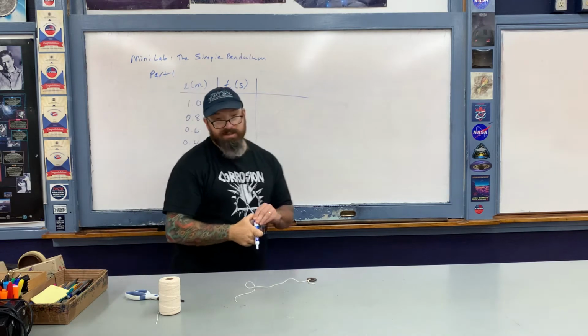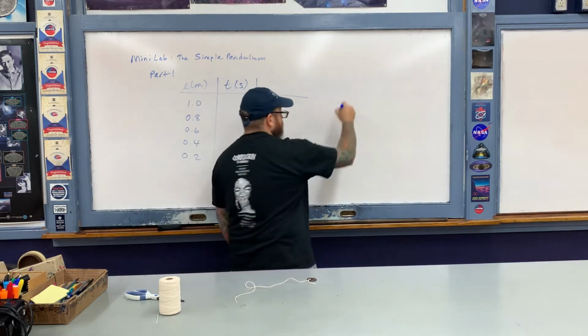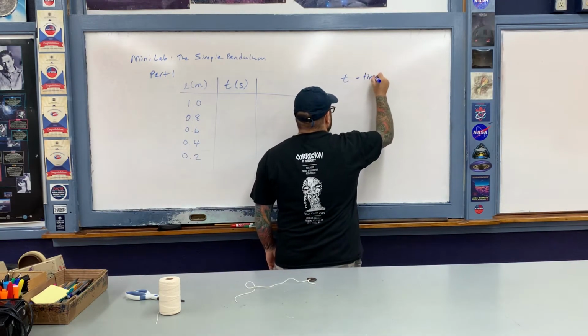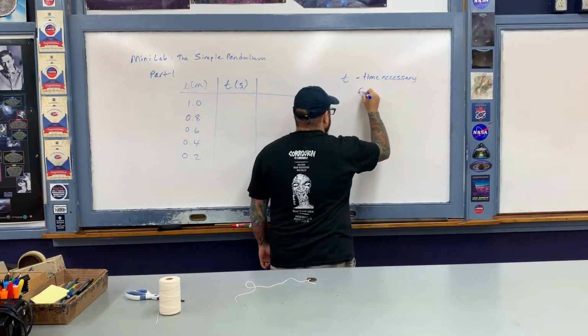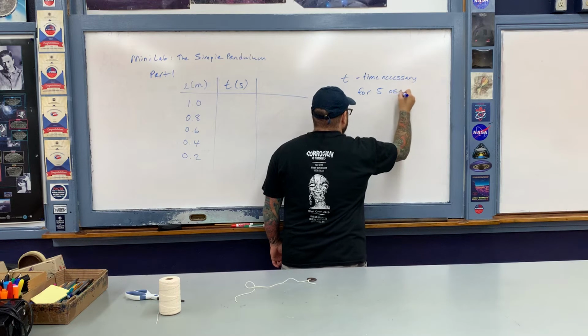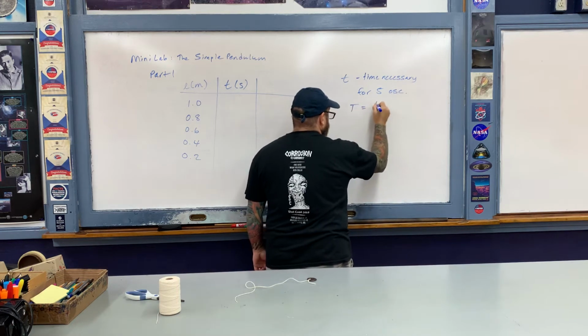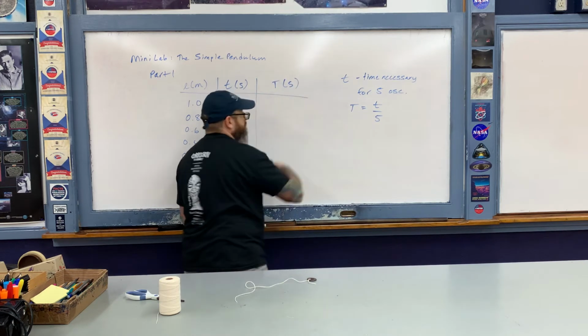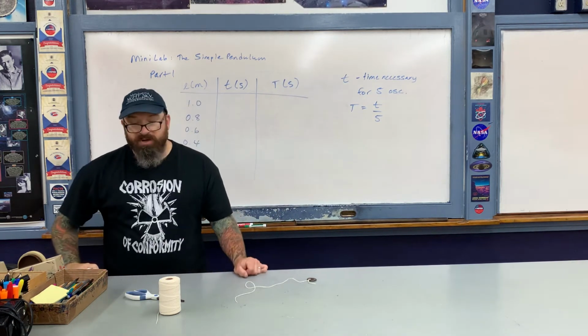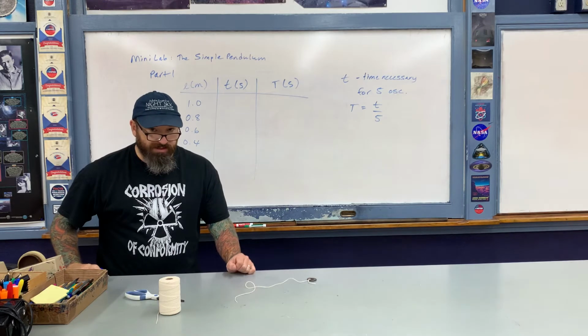This is the time necessary for 5 oscillations. And then from there, the period, big T, can be found by taking that time and dividing by 5. So here in the last column in part 1's data table, that's where you then place the period.